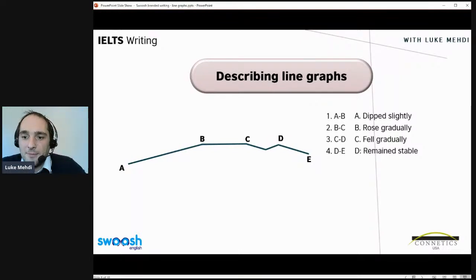So number 1, A to B. Yeah, good. Be very careful with this word again, gradually, in your bar charts. If the change isn't very big, or if the change is quite big and it's taking place over 10 years, it's difficult to use this word.